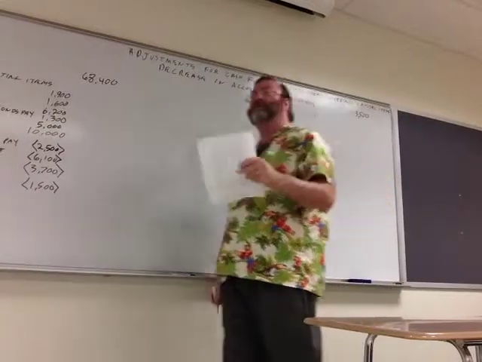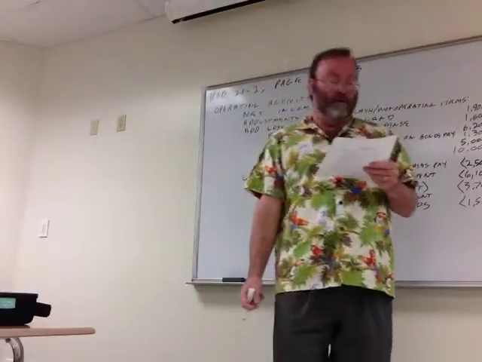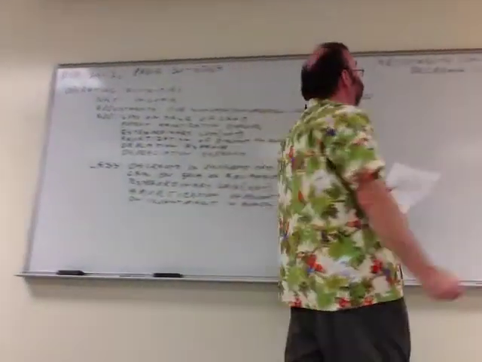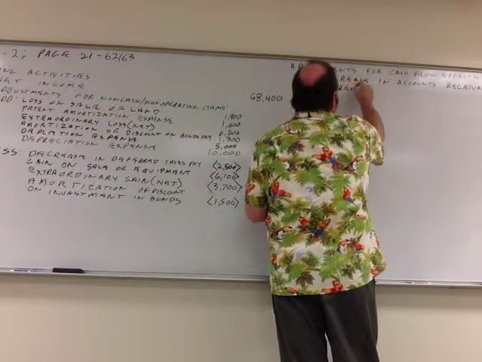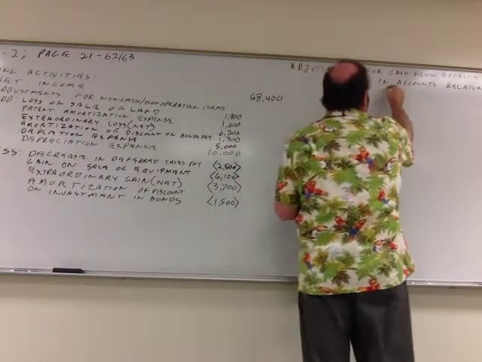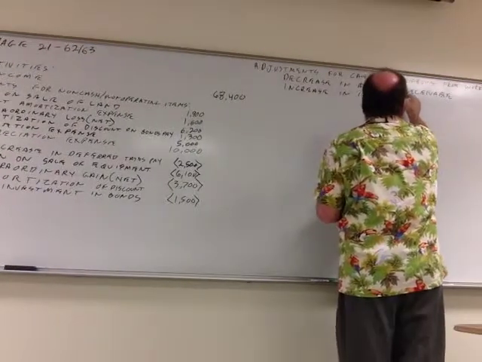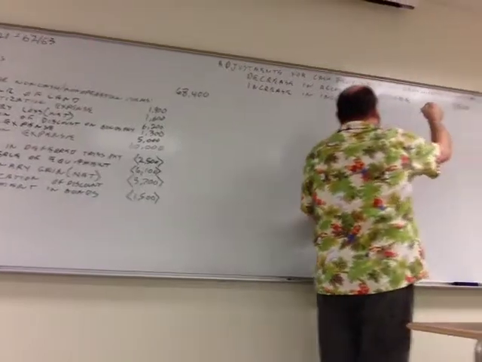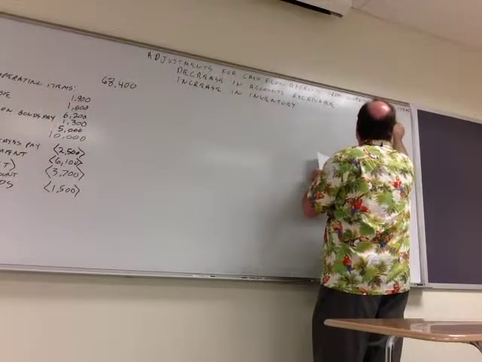So a decrease in a current asset, inverse relationship, increases cash. And then we had an increase in inventory, $7,800.